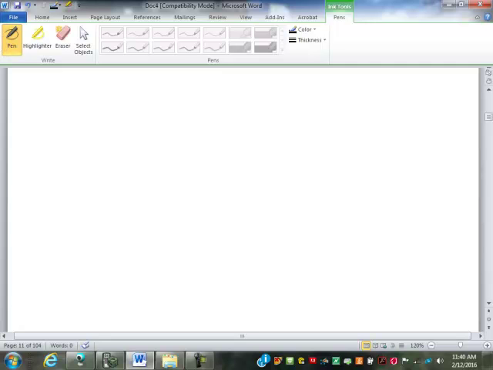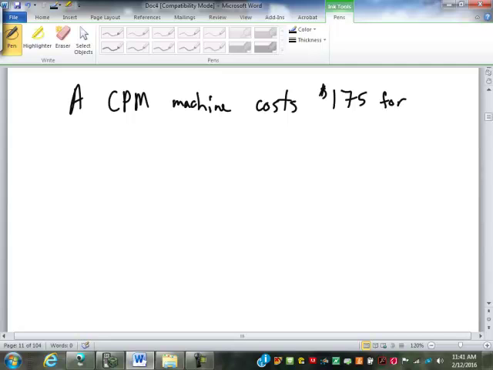So let's take a look at a simple problem. Let's say that a CPM machine costs $175 for setup and $75 per day.